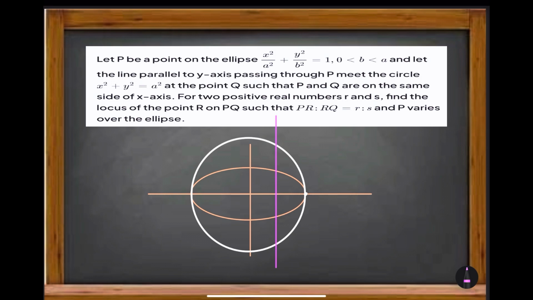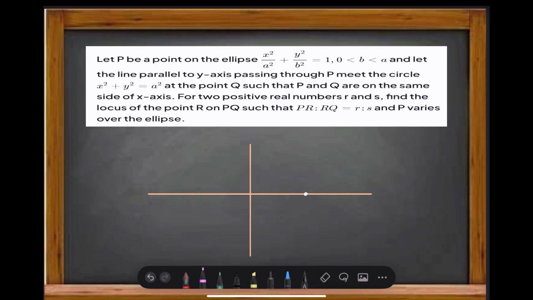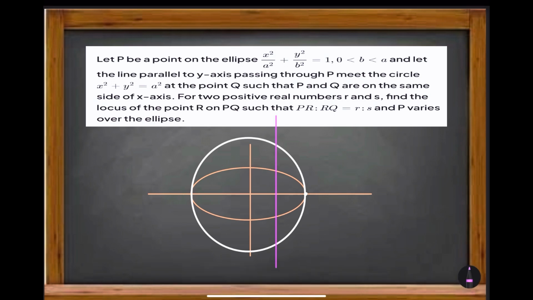Correct. Because it is point P on the ellipse, I'll call this point P, and P and Q both lie on the same side, so I'll call this point Q. Okay, and then I'll proceed.